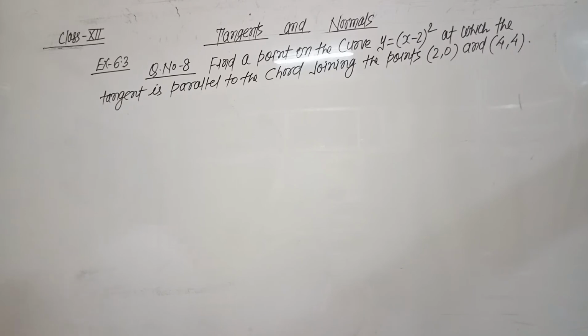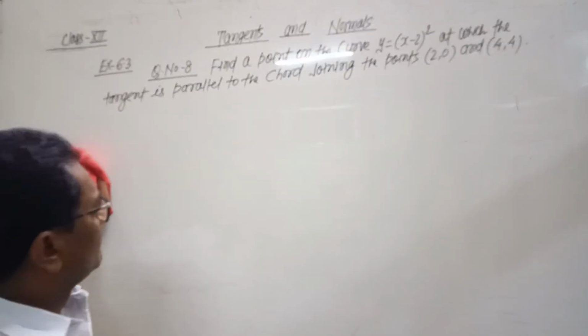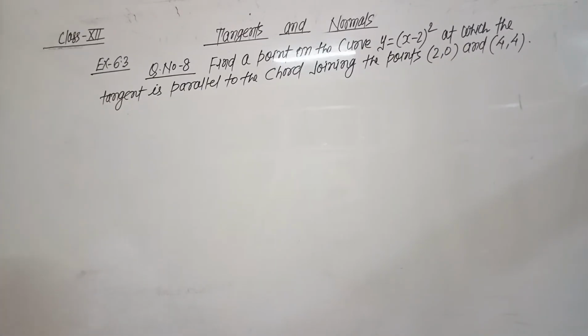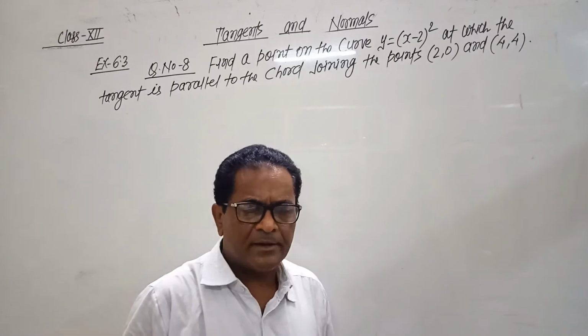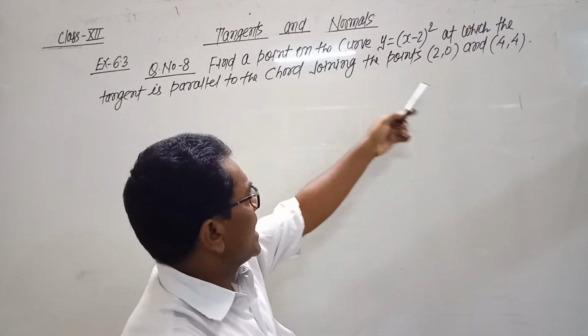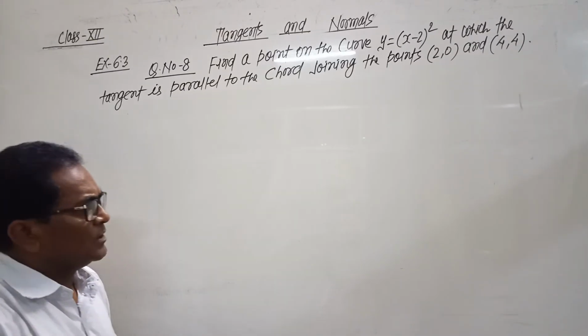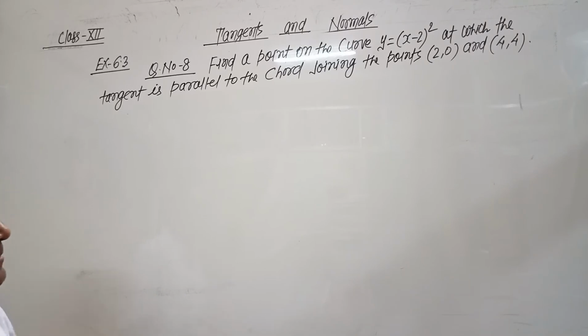So in this question we are given: find a point on the curve. The equation of the curve is given, and also the tangent is parallel to the chord. Chord is also a line, the chord joining the points (2, 0) and (4, 4).